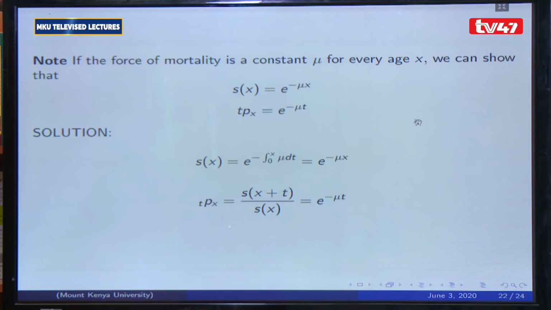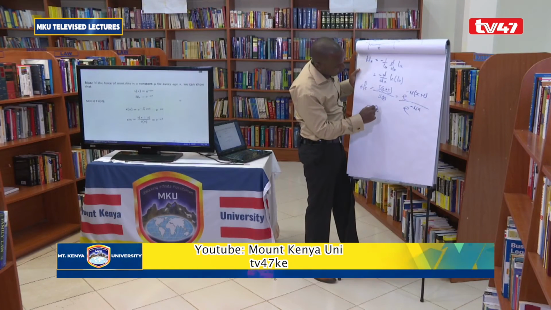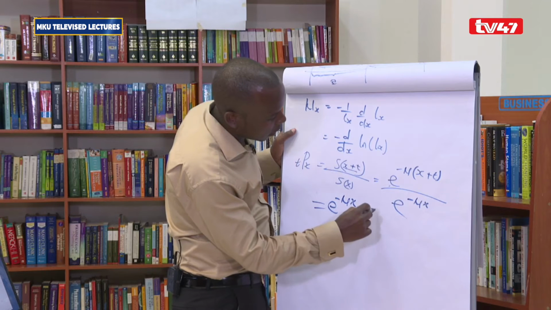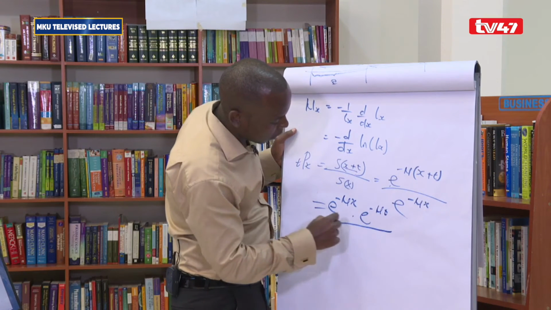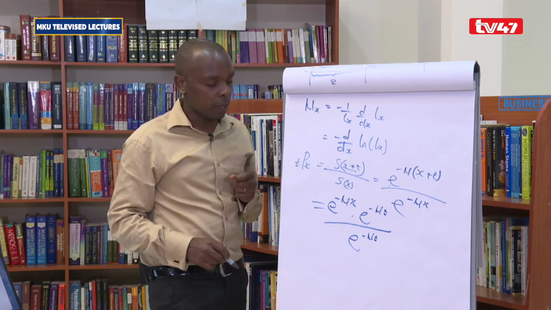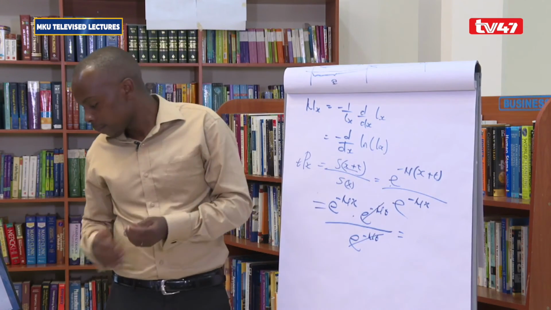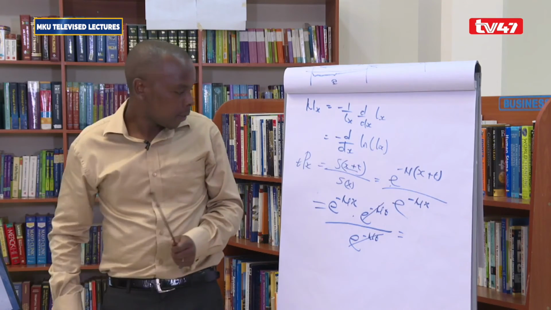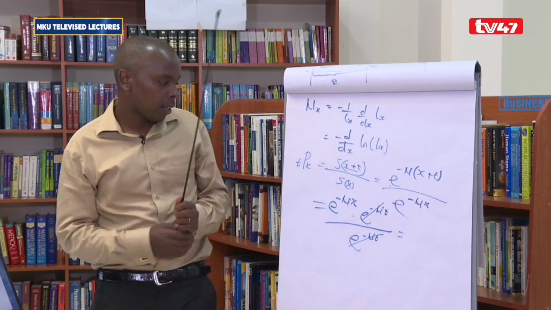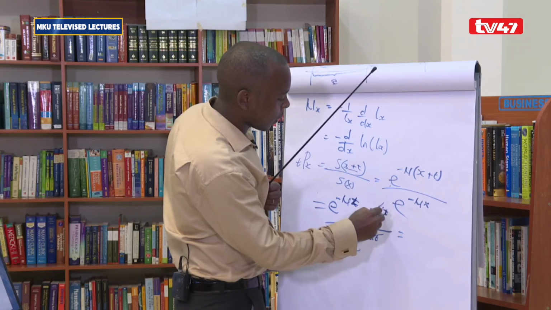So using the rule of indices, we can simplify what we have here in this form. We have e to the negative mu x multiplied by e to the negative mu t, all over e to the negative mu x. So simplifying out, we end up with e to the negative mu t. I'm sorry, here this is t, so this is x.